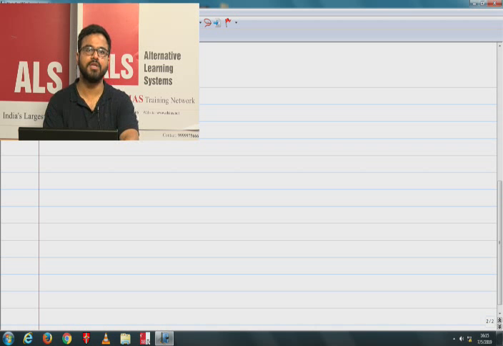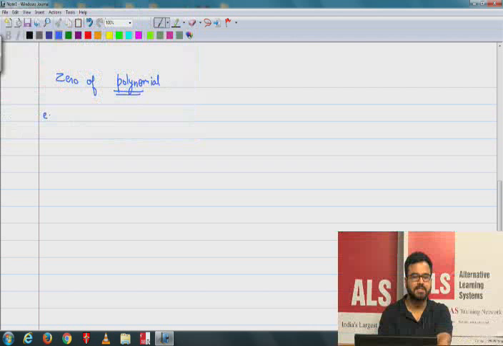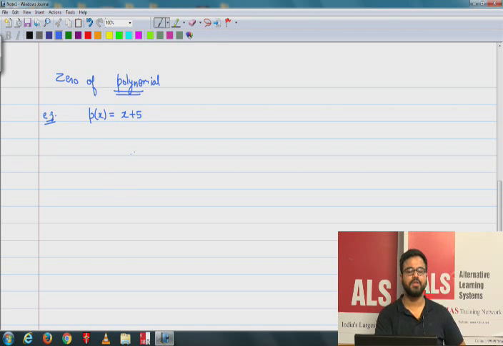So now, the meaning of the 0 of the polynomial, let's say, in the first example, we have p of x is equal to x plus 5. The 0 of the polynomial means what should be the value of this x so that it makes the value of this polynomial 0. What we should place in place of x so that the complete thing will become 0.